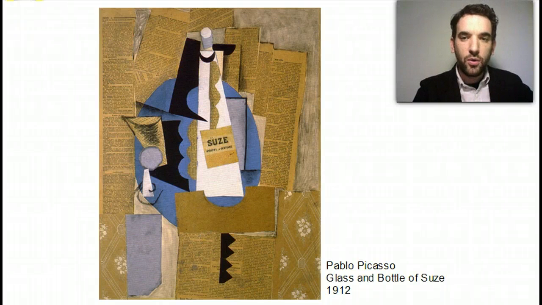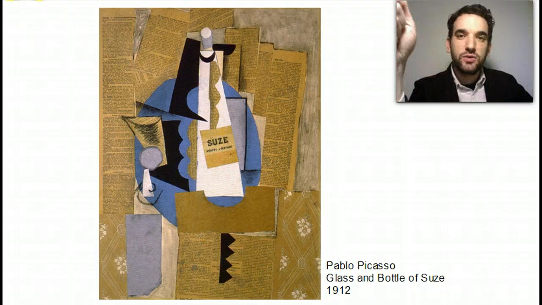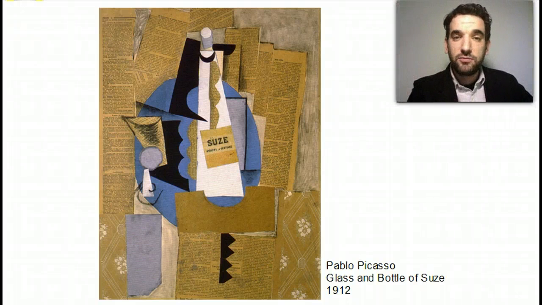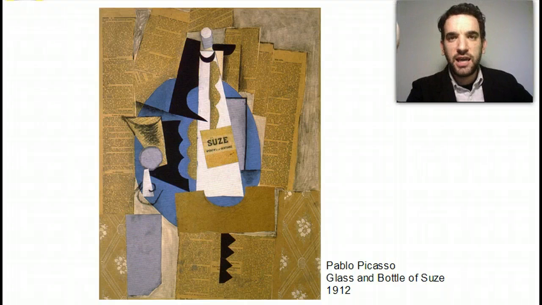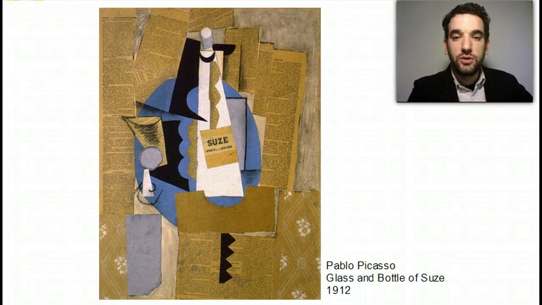So what Picasso did next is similar to what Braque had done with the inclusion of the other material. Here he actually takes the newspaper that he was reading, which is a very influential French newspaper called Le Figaro, and it's going to come up in just a moment, and he rips it apart and adheres it to the canvas. Because what easier way to convey a sense of the action of reading a newspaper than to include the physical newspaper?